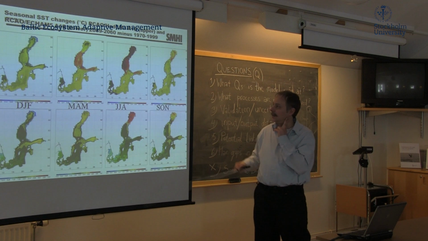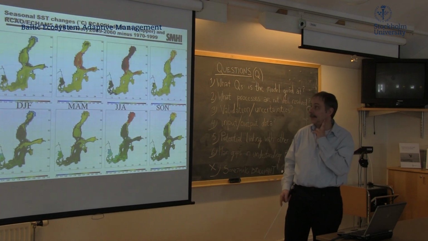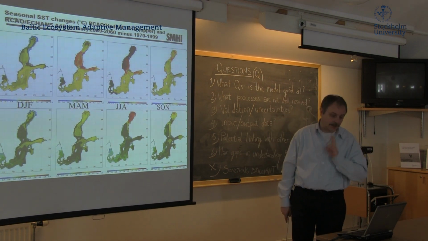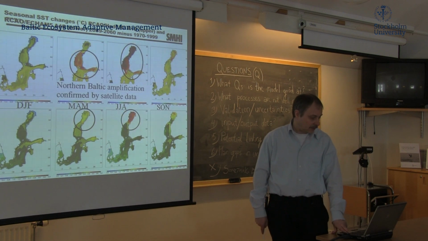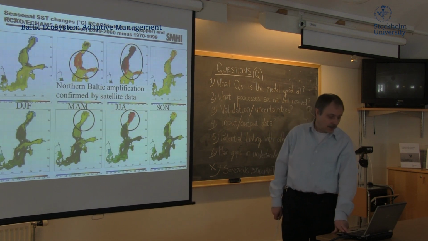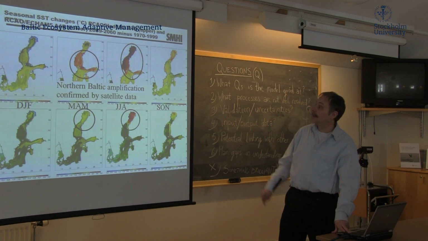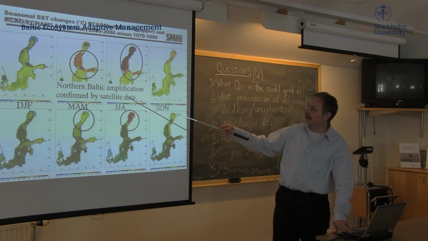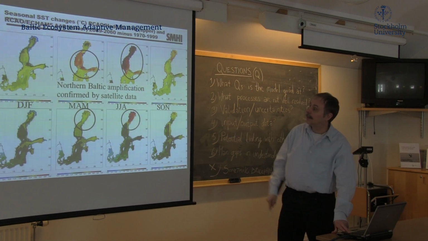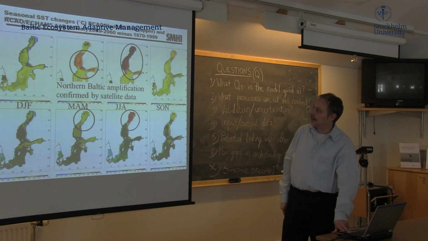But in detail, the colors say just that it can be quite different, and that's of course another issue to calculate the response. So we call this northern amplification in the Baltic Sea, but that is actually confirmed by present trends in sea surface temperature calculated from satellite data.